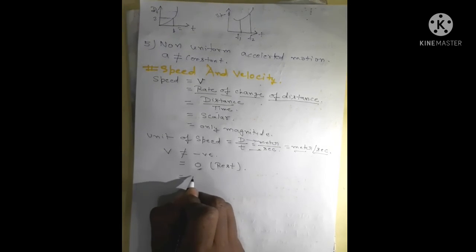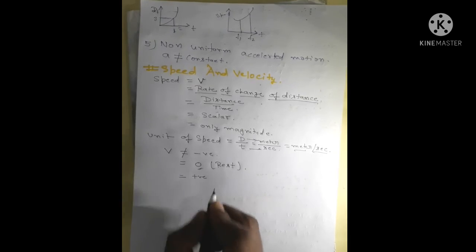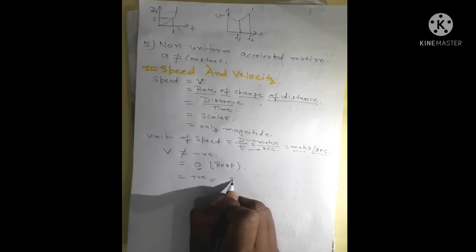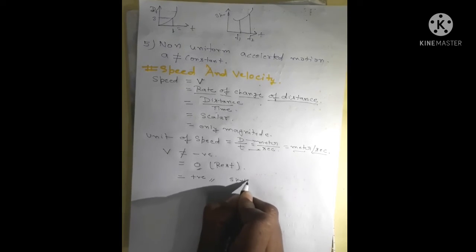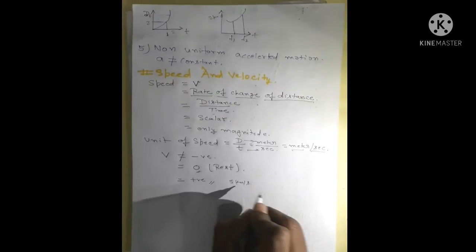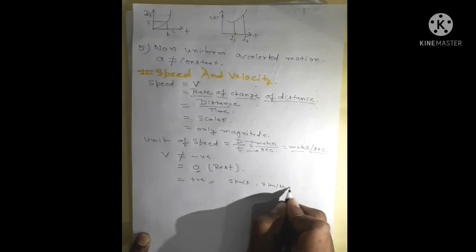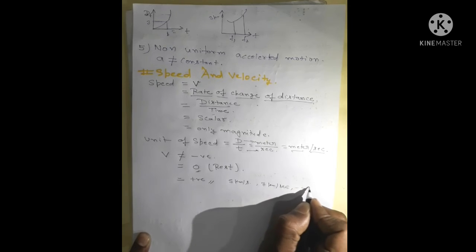Speed always has a positive value, such as 5 kilometers per second, 7 kilometers per second, and so on.